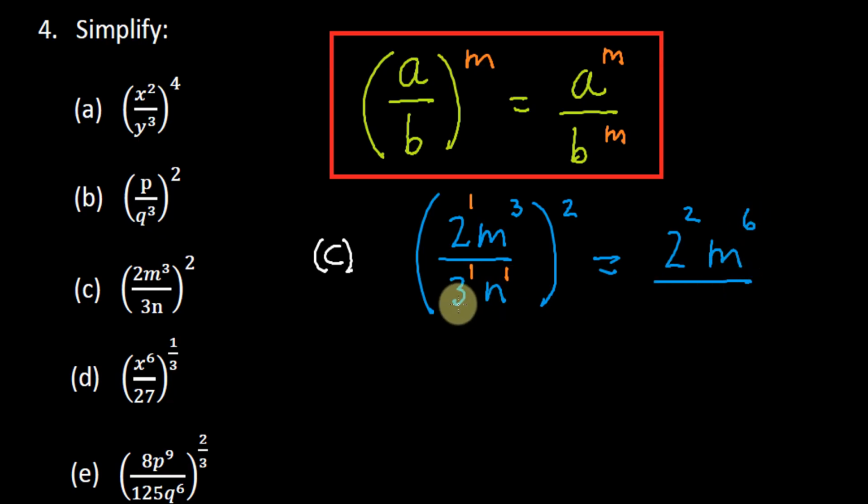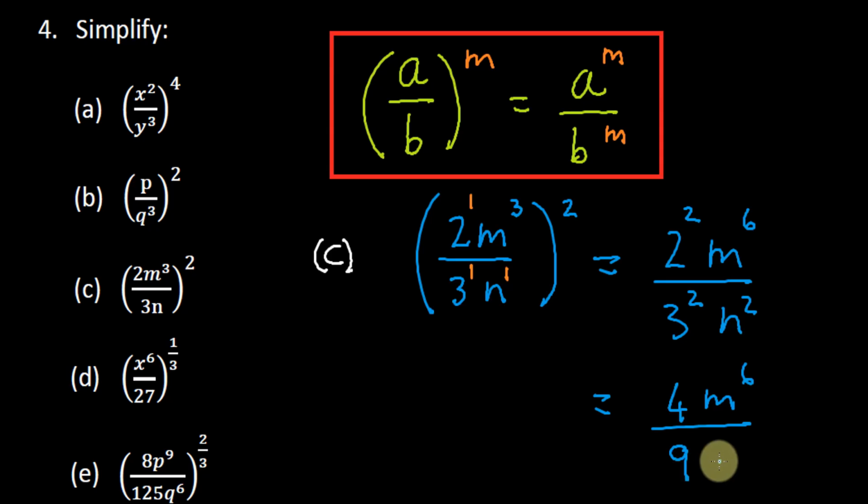Then in the denominator, it's 3 to the power 1 times 2, so 3 squared, and n to the power of 1 times 2, so n squared. We can simplify this expression, so 2 squared is 4, and 3 squared is 9.